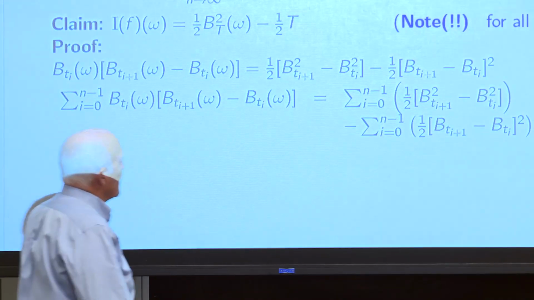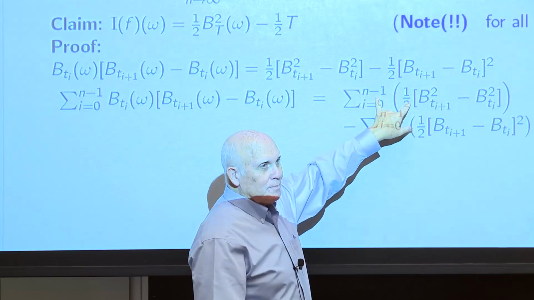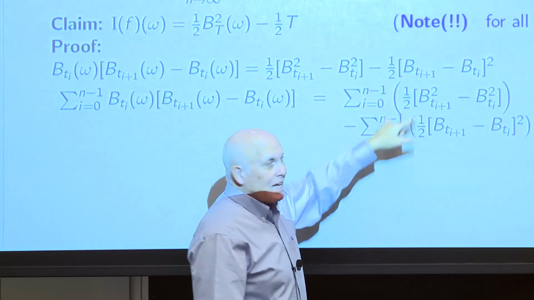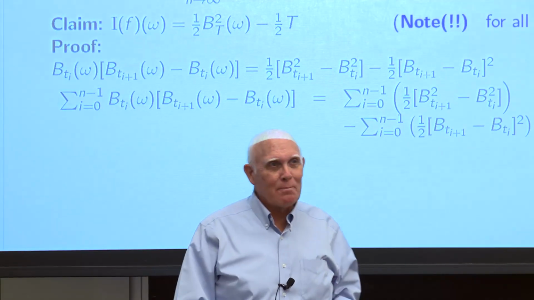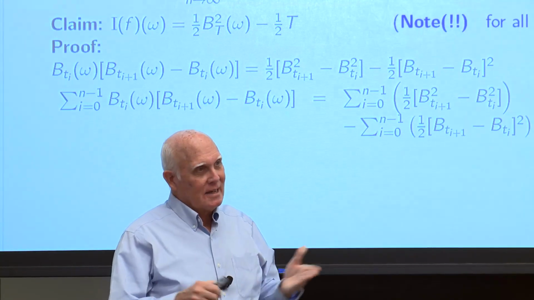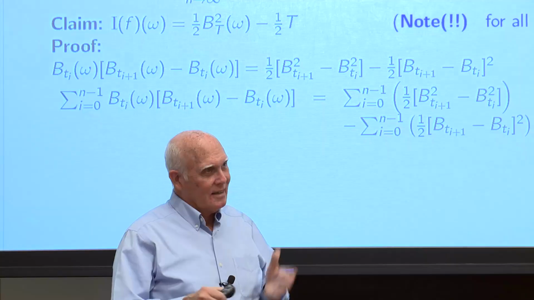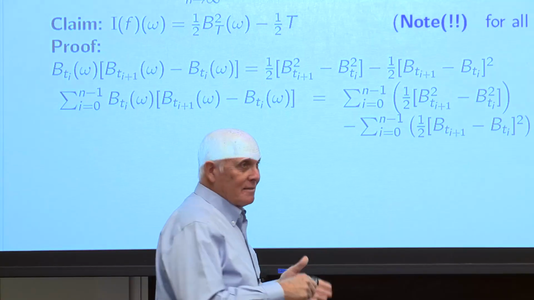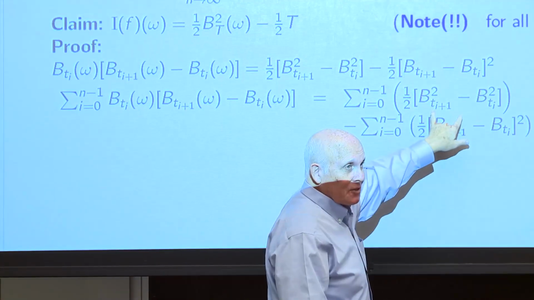This first term is actually a telescoping sum. When you sum the terms, there's cancellation of the middle value in successive terms.